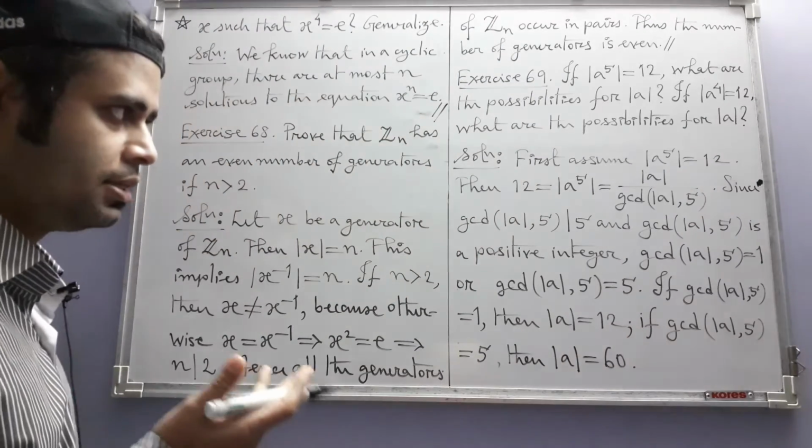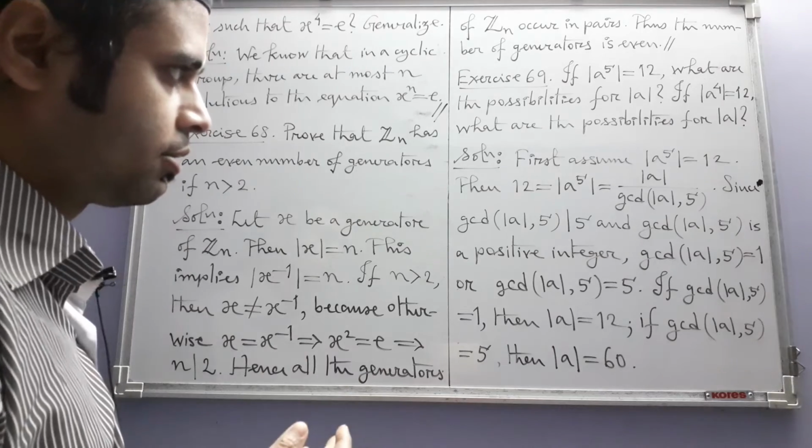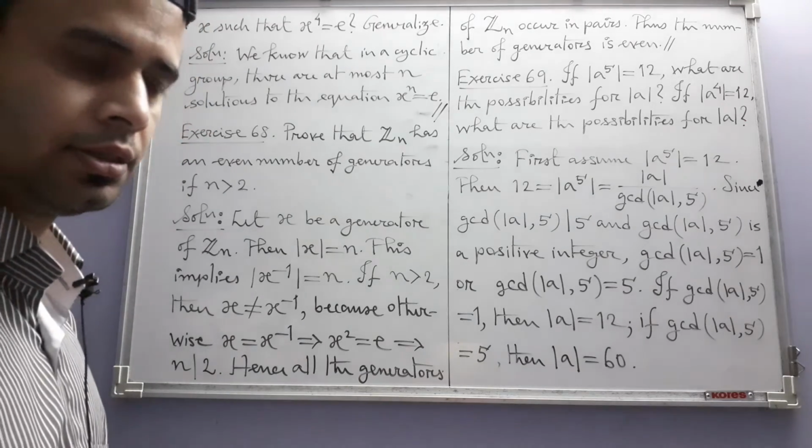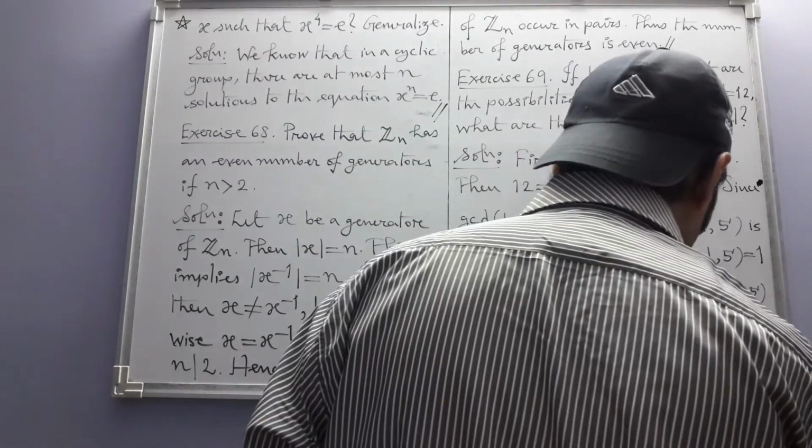So these are the two possibilities. Either the order of a is 12 or it is 60.